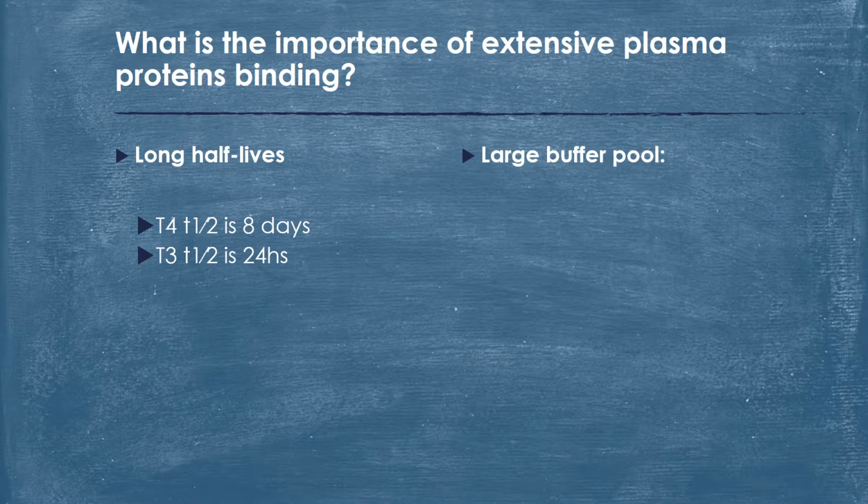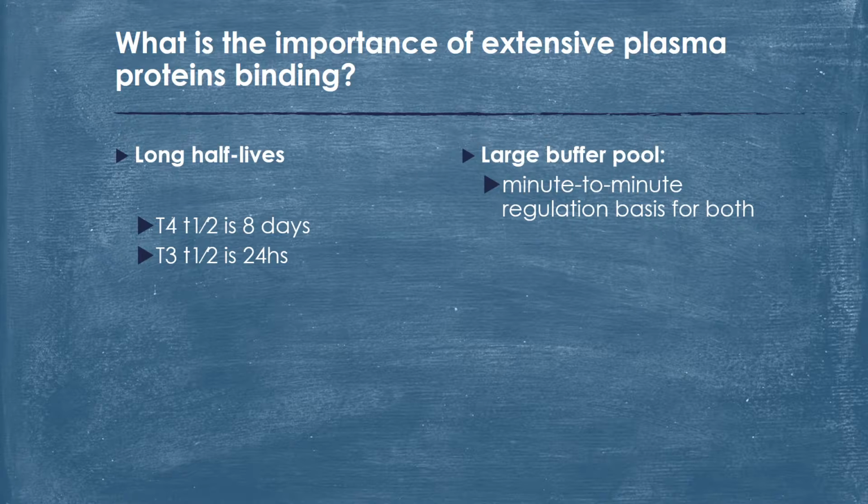Also, this will result in a large buffer pool. What do we mean by a large buffer pool? This means that there is minute-to-minute regulation for both.